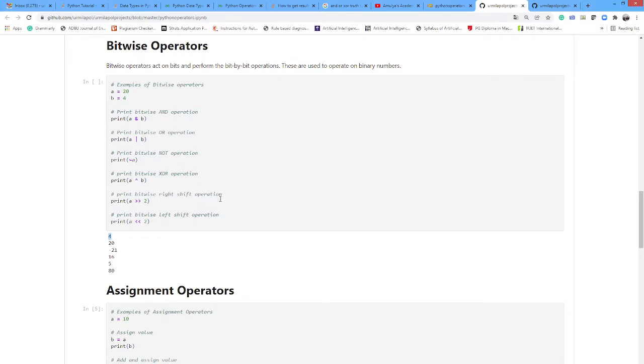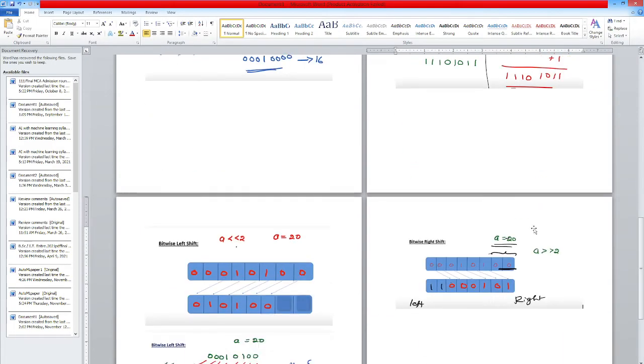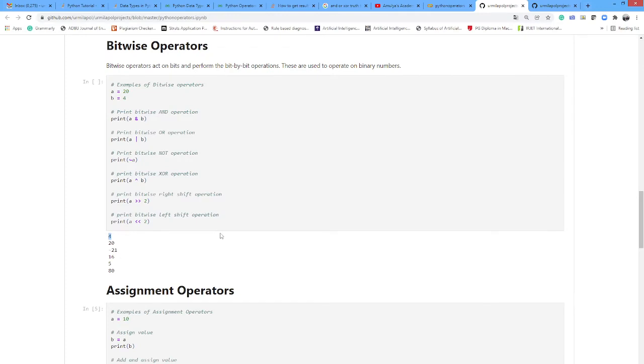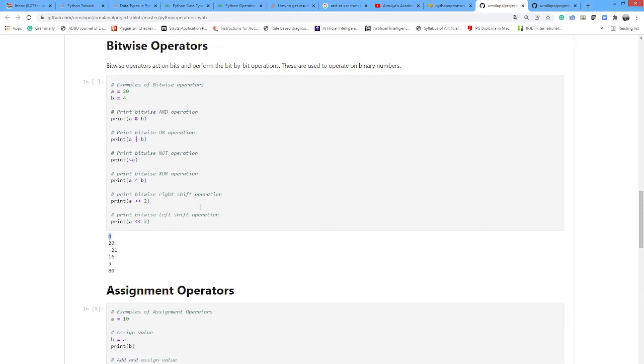And then the bitwise right shift operation and left shift operation. A is equal to 20, bitwise right shift gives 5, and bitwise left shift gives 80.